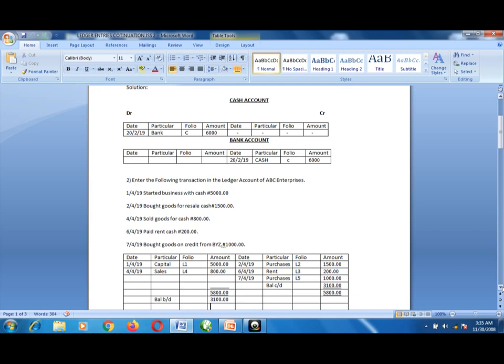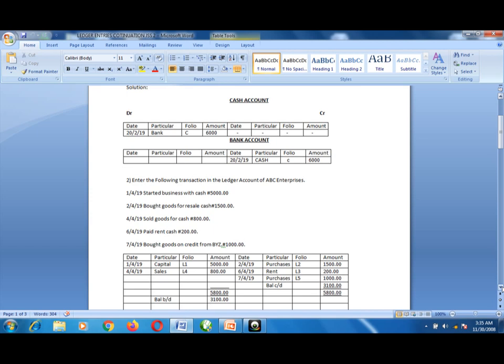He's having 5,800 naira with him, but out of that 5,800 naira, he has been able to use 2,700, of which is having a credit balance of 3,100 naira. So that is where we get our credit balance.